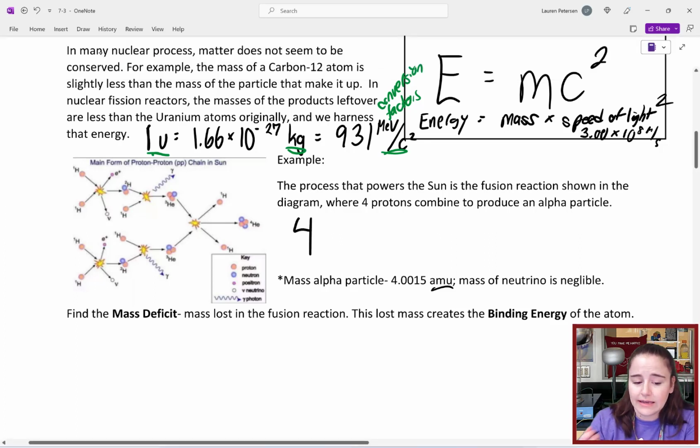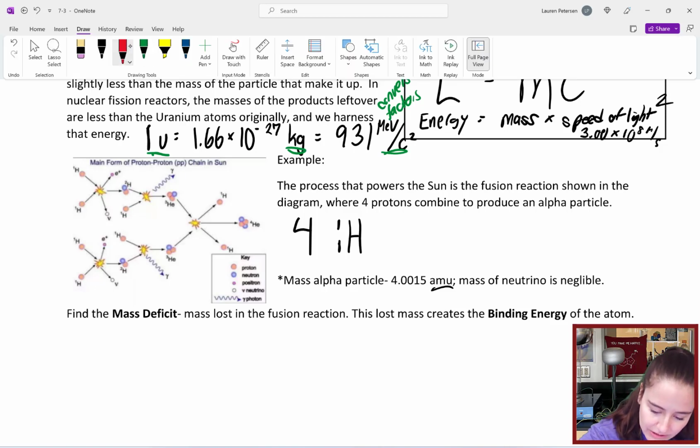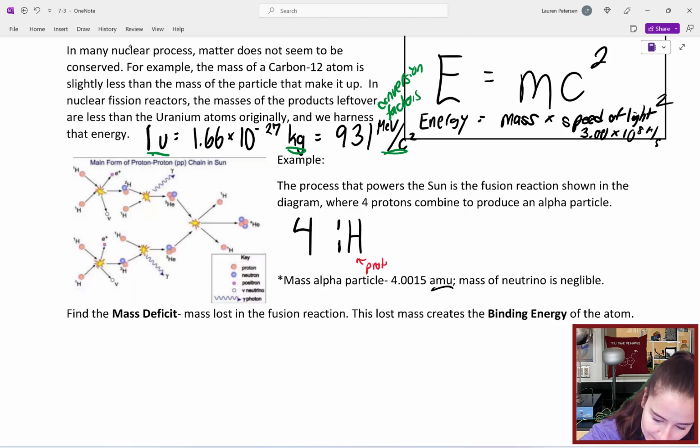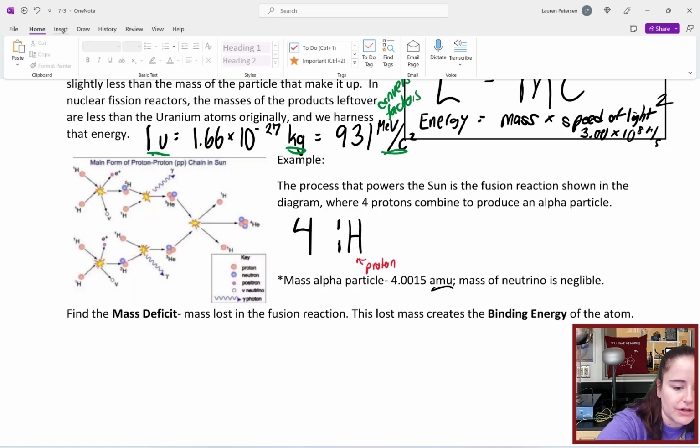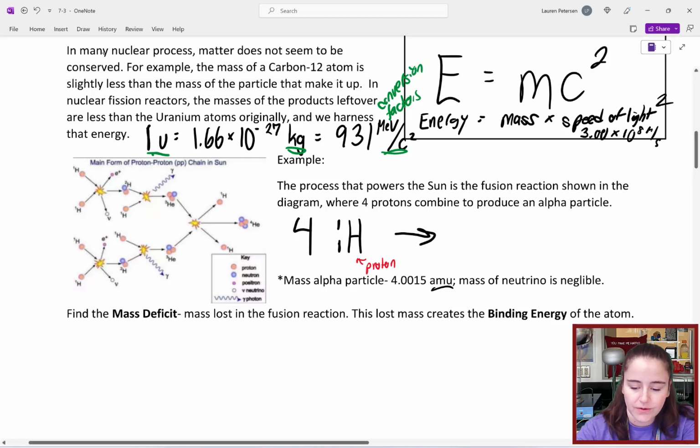A proton is typically written as just a hydrogen atom with a mass of 1, that is just a proton, so label that, aka proton. And then it is going to turn into an alpha particle, which is a 4-2 helium.